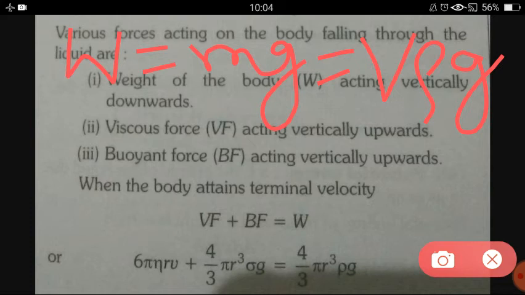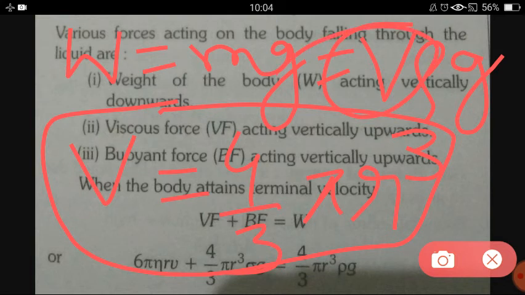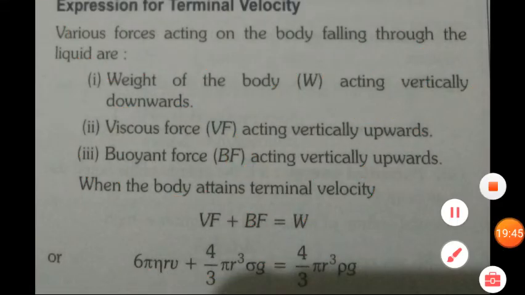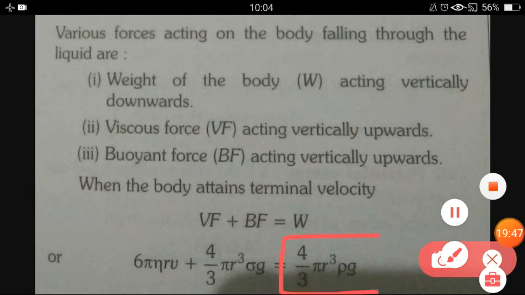Now the spherical body is falling inside the liquid, so the volume of that spherical body will be 4 upon 3 pi r cube, where r is the radius of that spherical body. By putting this value of V in this equation, we have got this value.